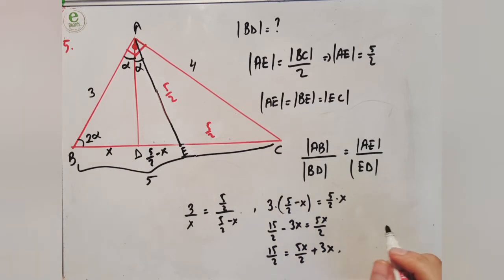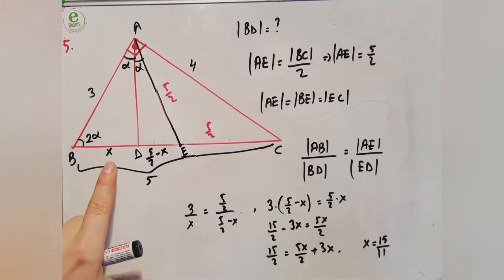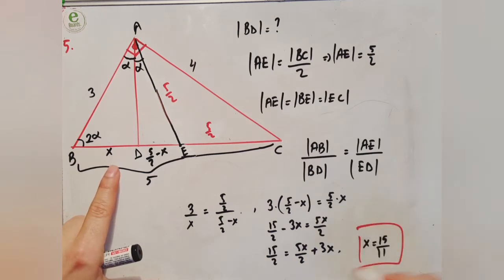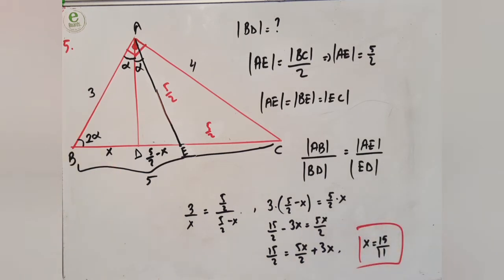So from here, for X, we will have 15 over 11. So the length of BD is 15 over 11.